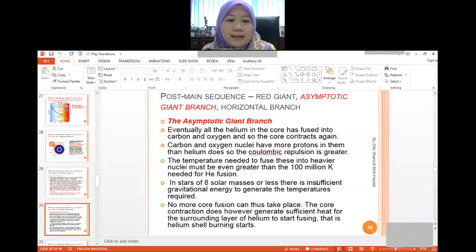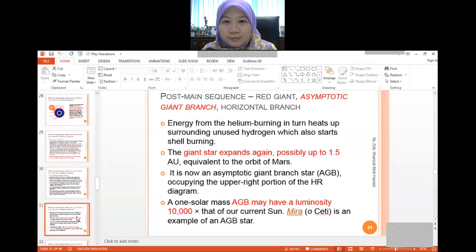So there is no more core fusion, and the core recontraction will, however, generate sufficient heat for the surrounding layer. So this is the case of the AGB. I hope that you can differentiate between the red giant branch, the AGB and also the HB. So this is to stress again what happened to the AGB.